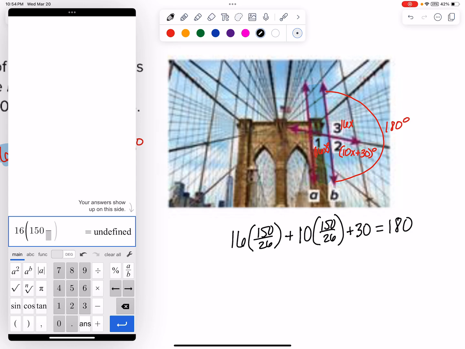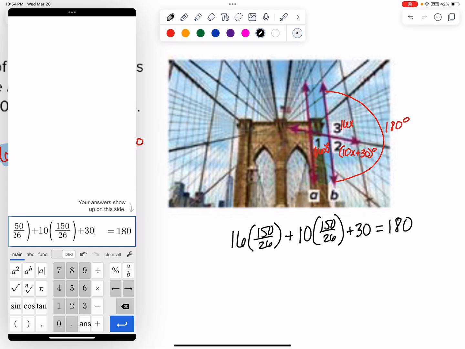150 divided by 26, close parentheses, plus 10 times, in parentheses, 150 divided by 26, close parentheses, plus 30.